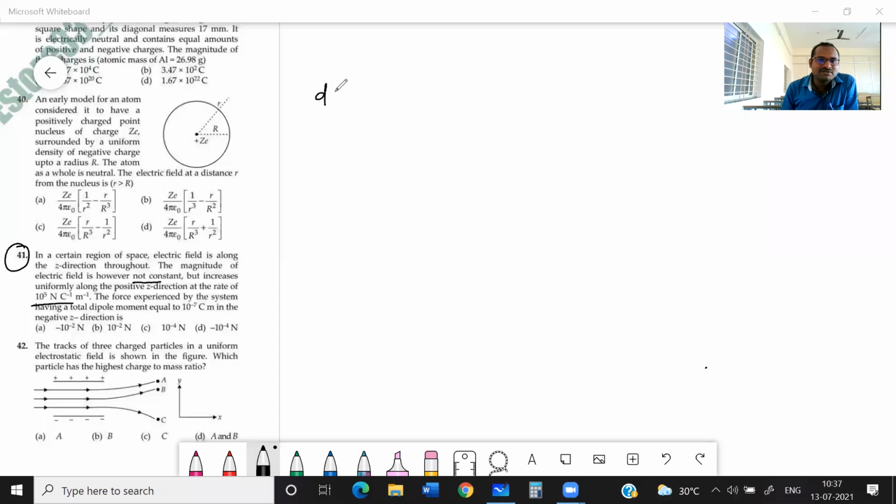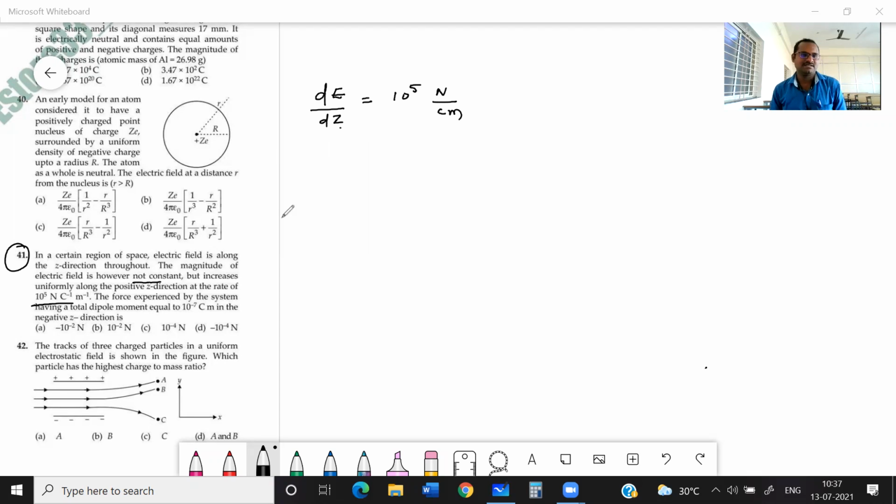This is the rate of change of electric field over distance along the z axis, dE by dz. This indicates how the electric field increases with distance along the z axis.